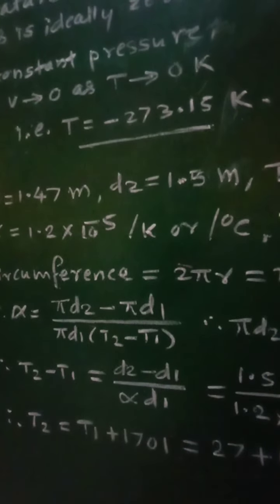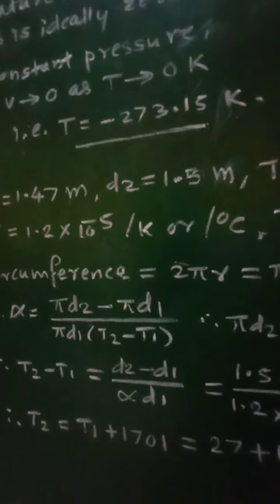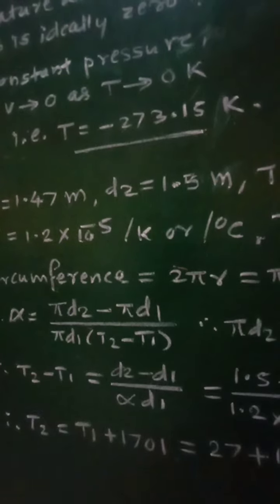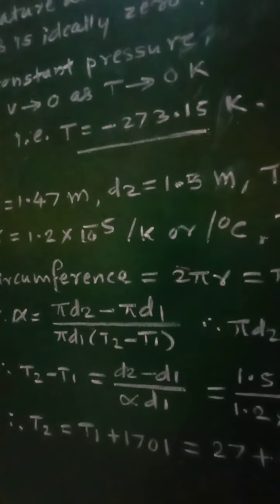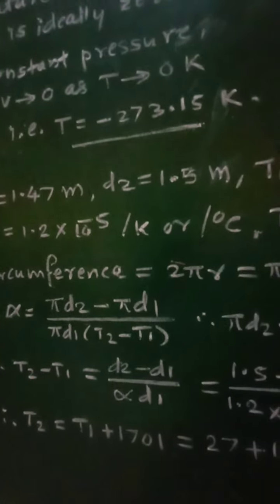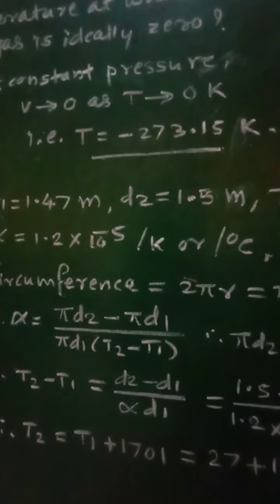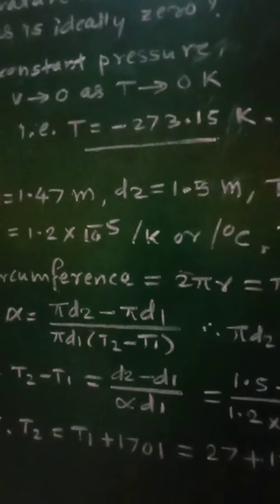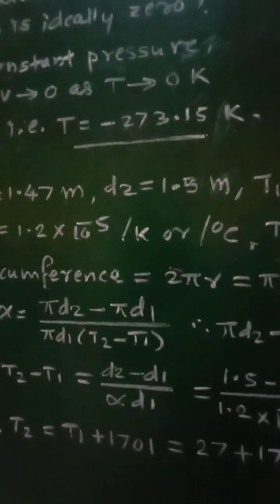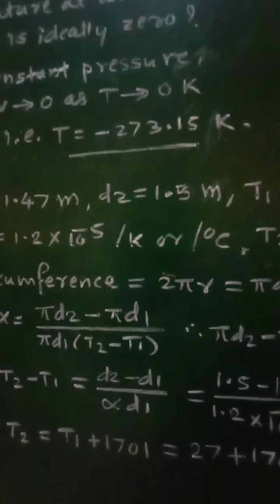To what temperature should the iron ring be heated so that it can fit the rim of the wheel? For that purpose, again, the coefficient of linear expansion alpha is given as 1.2 into 10 raised to minus 5 per Kelvin or per degree Celsius.